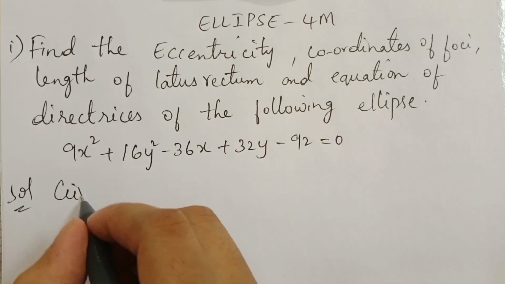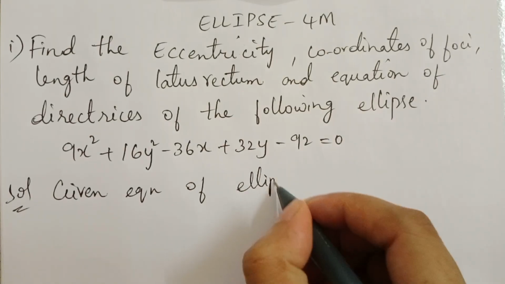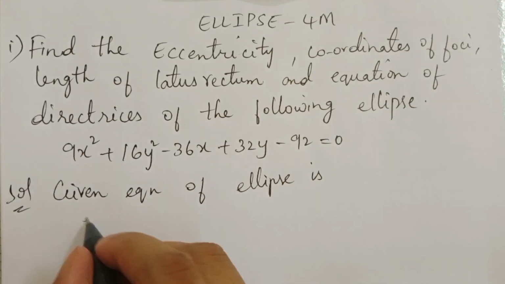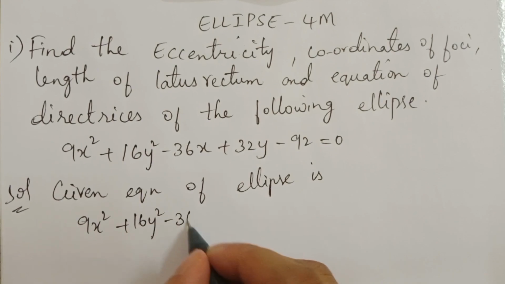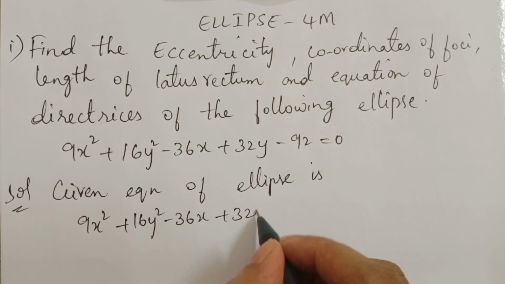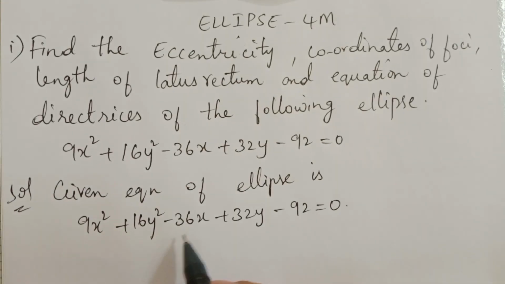So our given equation of the ellipse is 9x square plus 16y square minus 36x plus 32y minus 92 equals 0. I'll write the x terms together and y terms together.